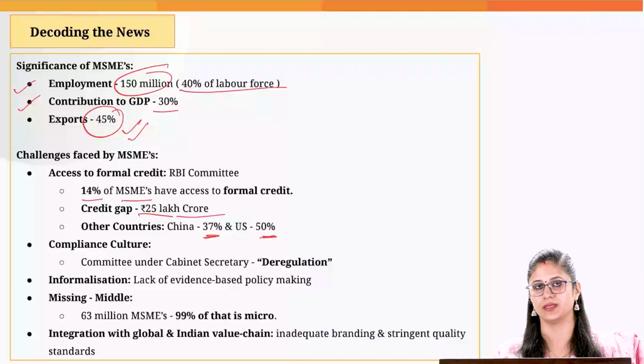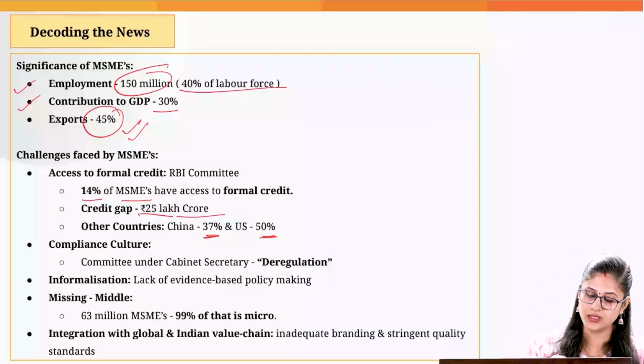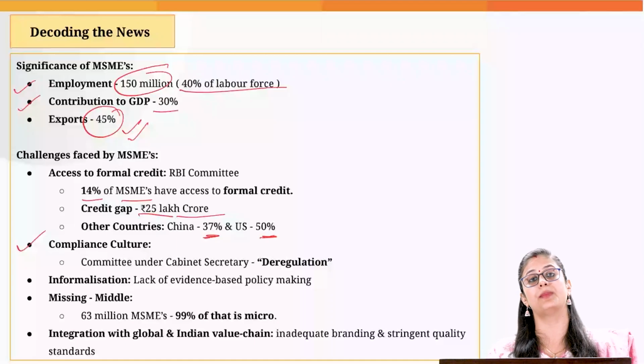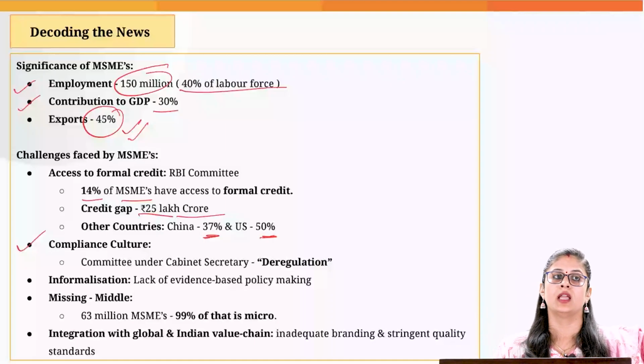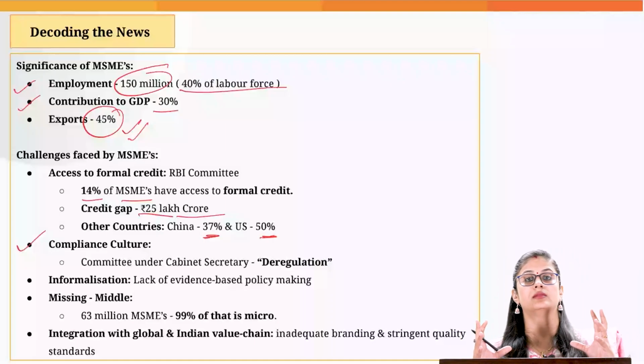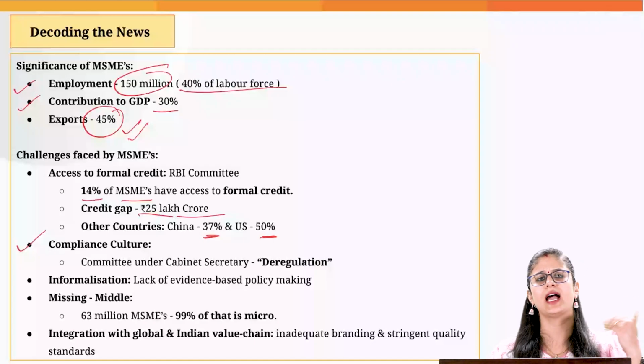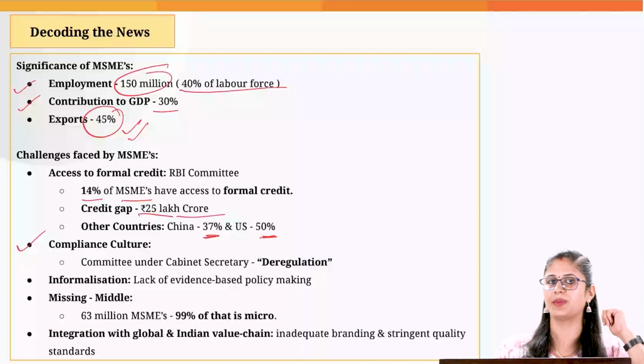But the number is quite low in India. It is merely 14%. Then there is the issue of compliance, ensuring compliance with factory laws and labor laws. Larger corporate houses can hire professionals who can find loopholes in these factory and labor laws and reduce their compliance burden.